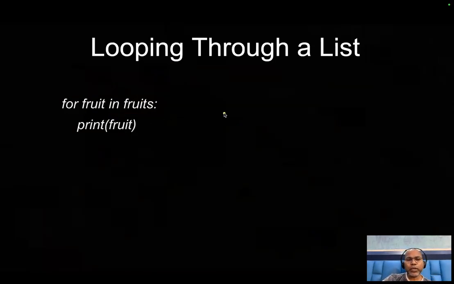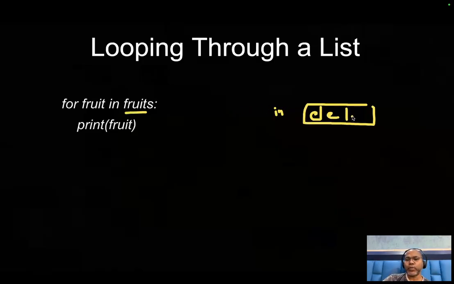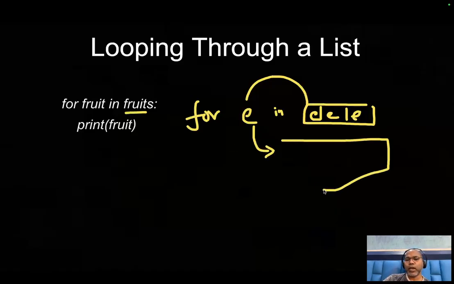This syntax is very simple. First you have a collection, then the in keyword and the element. This is your element, and for makes the looping. The element comes into the body, where you do the processing.